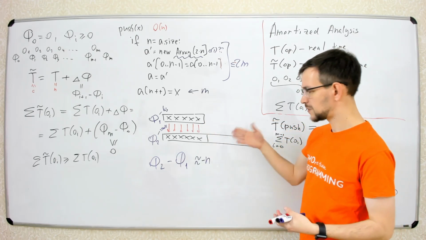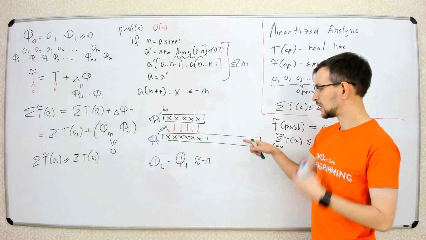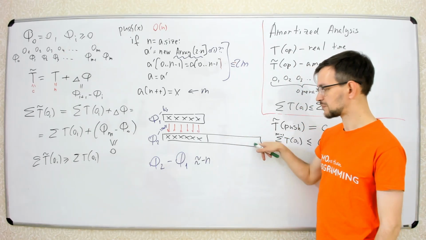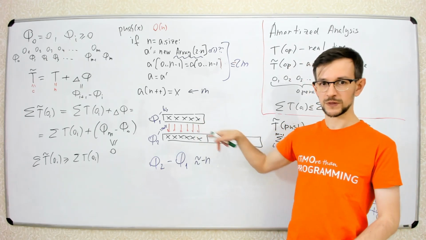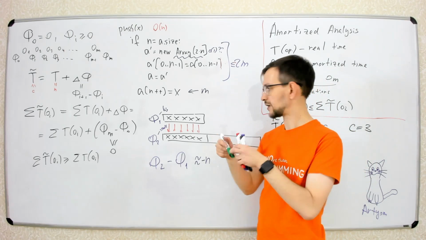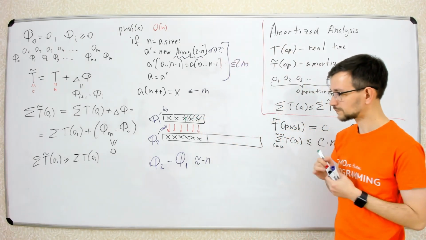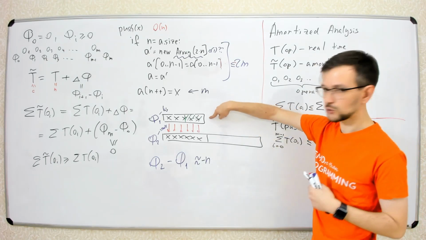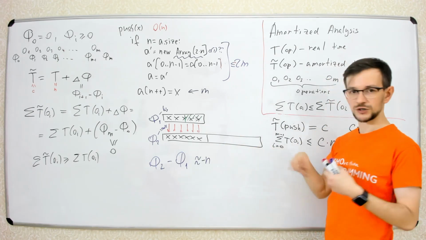If you look at this picture long enough, you figure out that in this picture you have empty space here, and in this picture you don't have empty space here. So let's look at the right part of this array. In this situation, this right part is filled with elements, and in this situation it's empty.